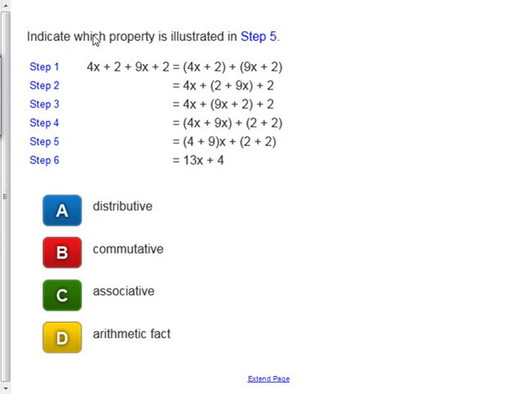Okay, for this one, indicate which property is illustrated in step 5. Well, I think it'd be good for us to go through all of the different properties being illustrated here, and then as we do that, we will get to step 5 and answer our question. So as we look here at step 1, normally we follow order of operations, so parentheses, then exponents, then multiplication and division, then addition and subtraction.